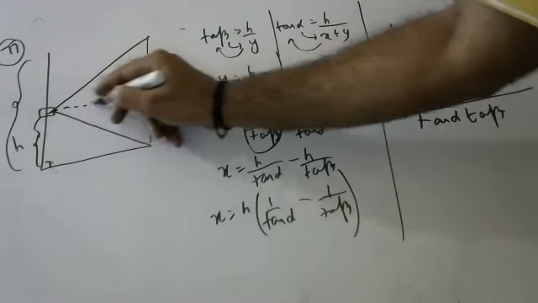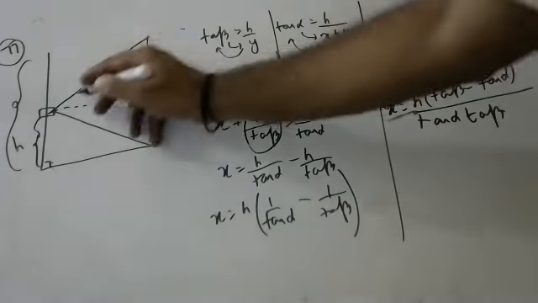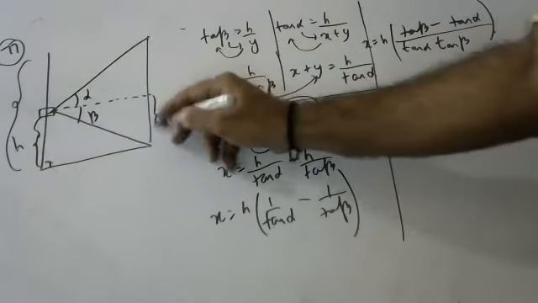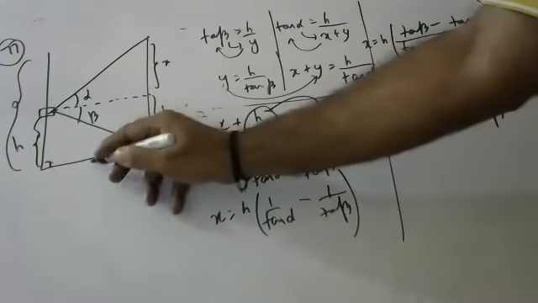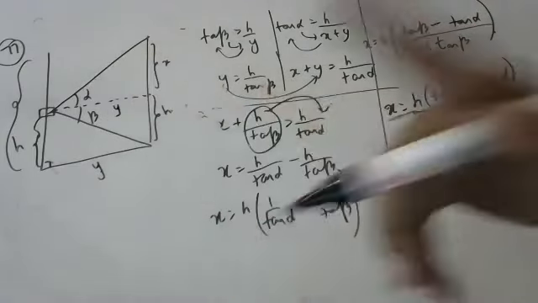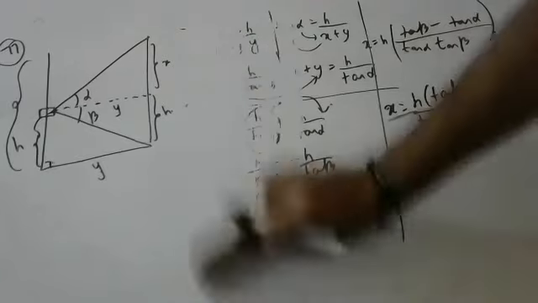I'm just putting the imaginary line. The angles of elevation and depression of top and bottom of the other house are alpha and beta. This is alpha, this is beta. If this is h, this is also h. This is x, I'm taking just for my convenience. This is y, this is also my convenience. Whatever I took will not come in the final answer.